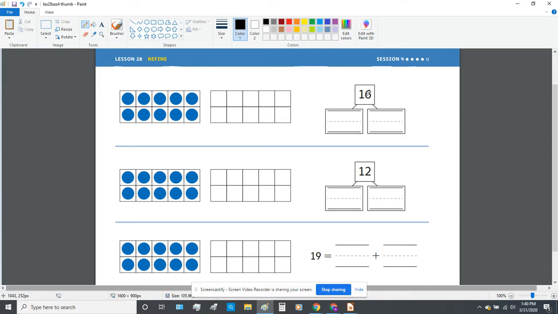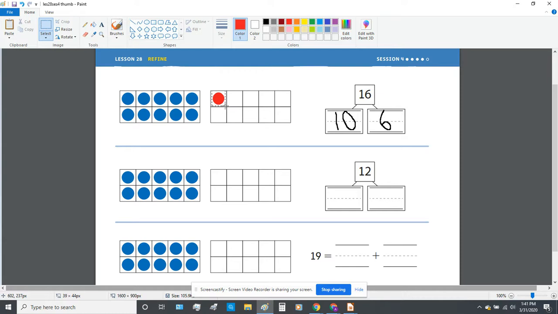16 can be broken up into a group of 10, which is shown by the blue dots, and the extra comes from the 6, 10 and 6. So get your red crayon if you would like. You can use any color, but I'm going to use red since it matches the rest of the lesson. And we're going to make 6 extras. Begin by filling in the top row all the way across.